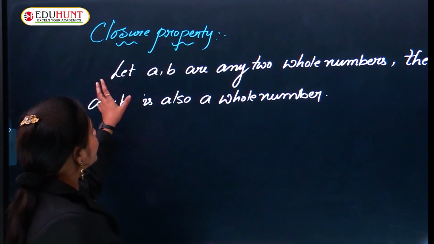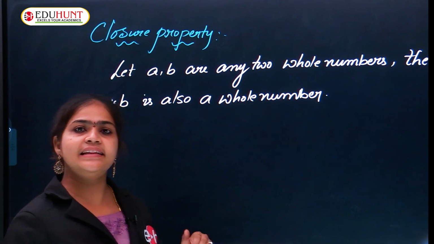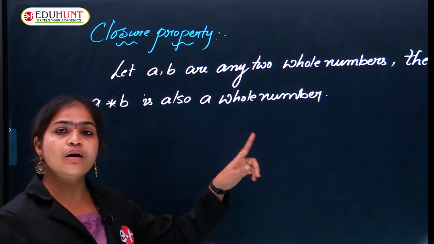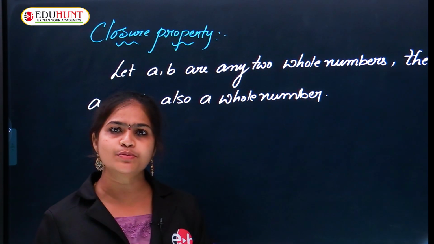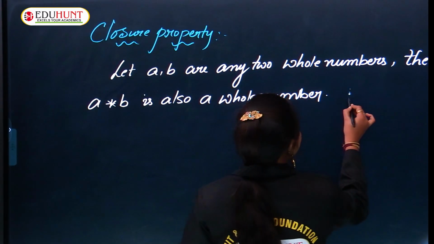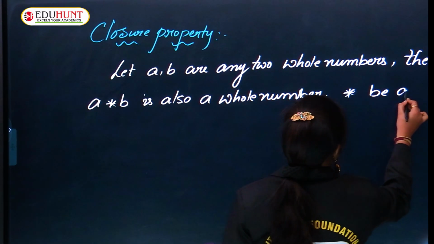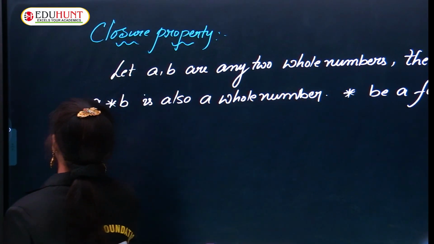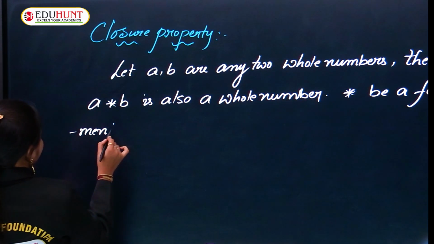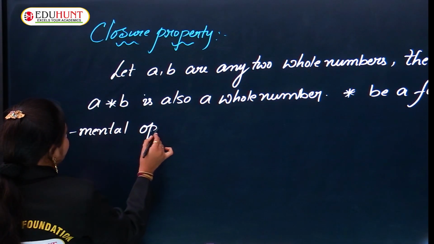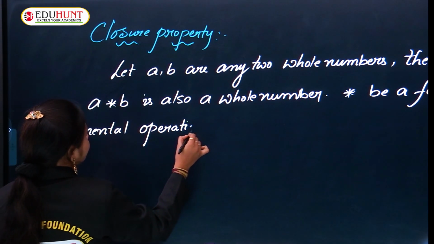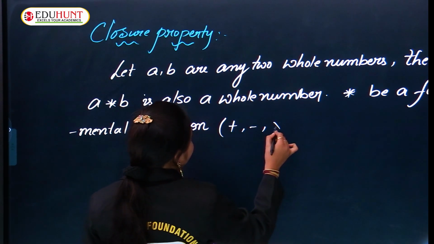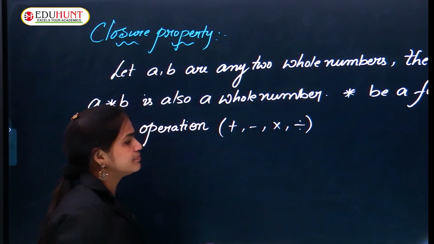Understood? Let A and B be any two whole numbers. Then A star B is also a whole number. Here star means a fundamental operation, which means plus, minus, multiplication and division.